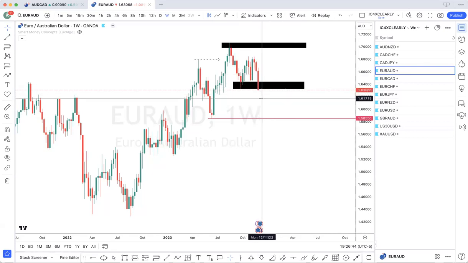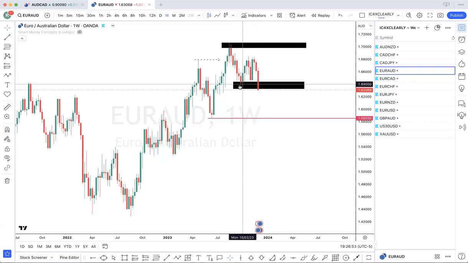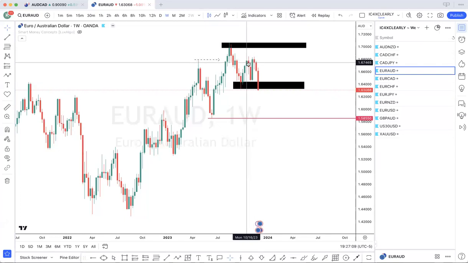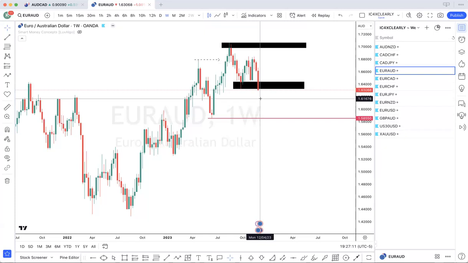So I would be expecting price to pull back in here somewhere. So it violated this order block, but also violated this order block. This was the actual swing or the actual low. And then it tapped into an order block, pushed down, pushed back up, gave a bullish order block into a bearish order block, and then started settling down.